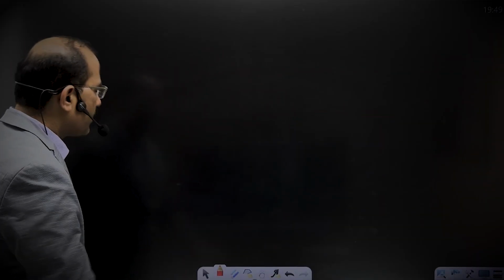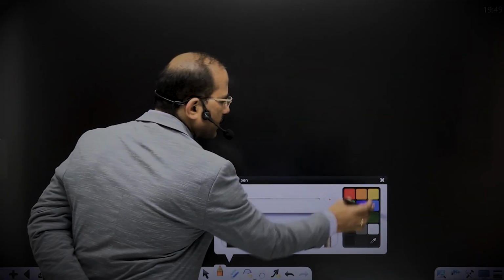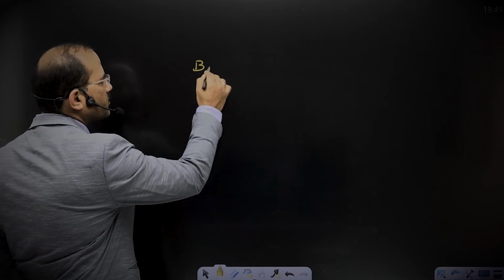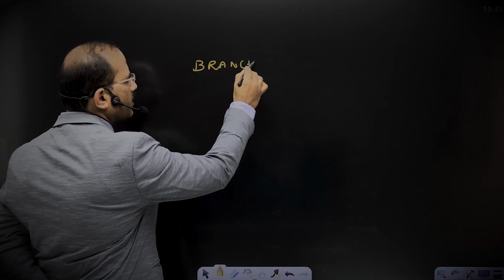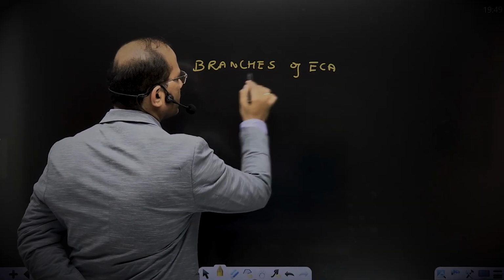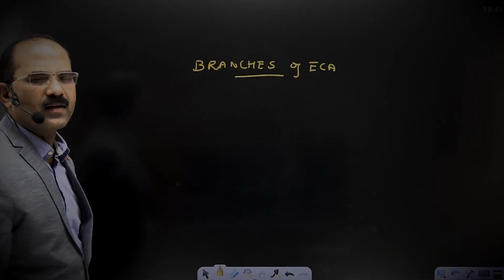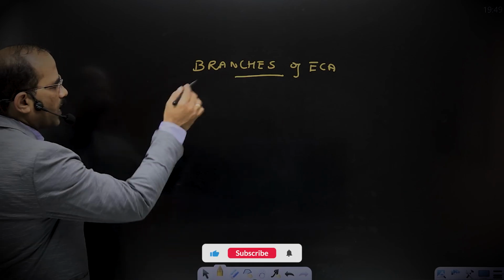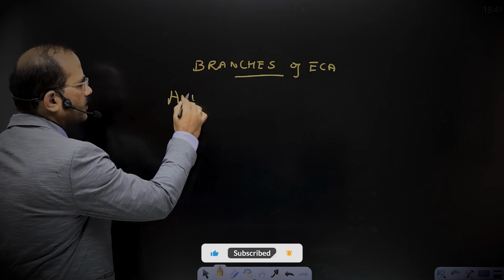So let us understand the branches of external carotid artery. A very important MCQ, students. All these branches are given in the carotid triangle. So how do we classify these branches? Anterior branches.